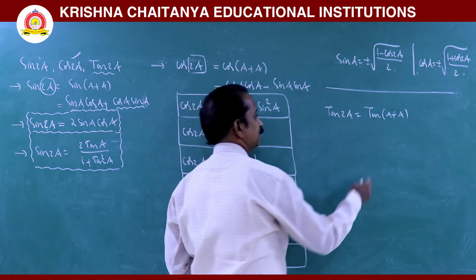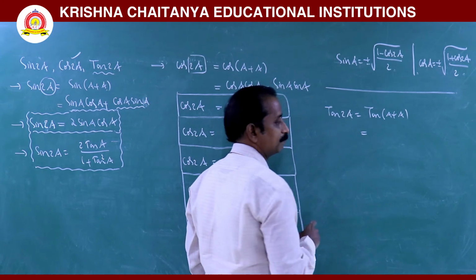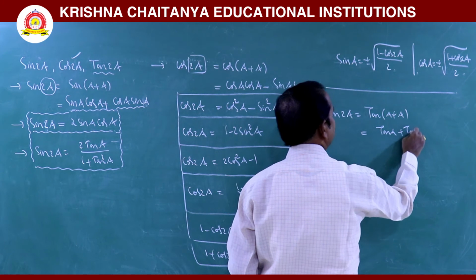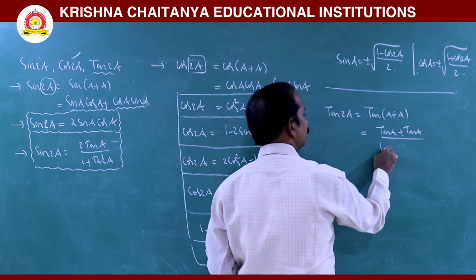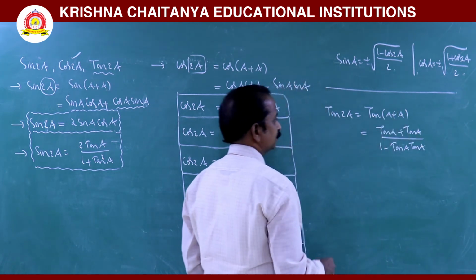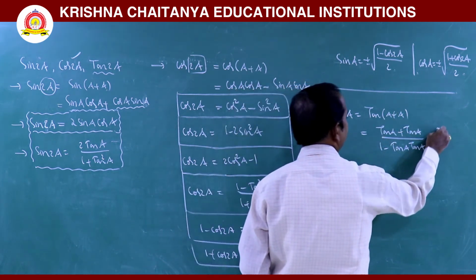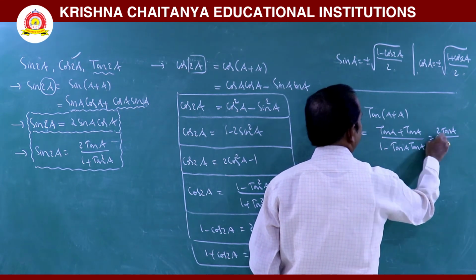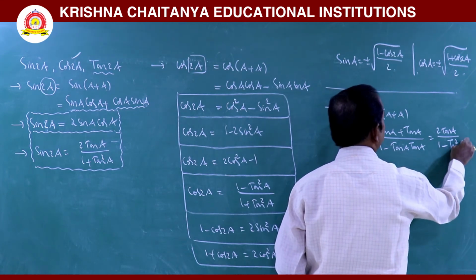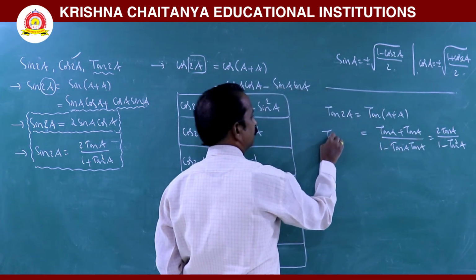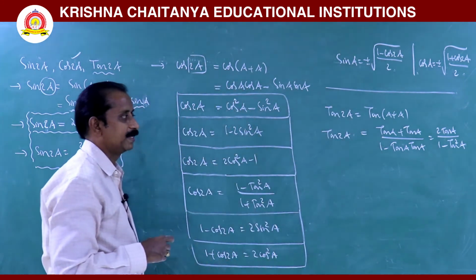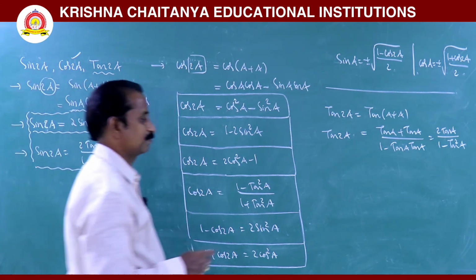Tan A plus B is nothing but tan A plus tan B by 1 minus tan A tan B. So, tan A plus tan A divided by 1 minus tan A into again tan A. So, tan A plus tan A is 2 tan A. So, 2 tan A divided by 1 minus tan A into tan A, tan square A. So, this is the basic of tan 2A. So, tan 2A is equal to 2 tan A divided by 1 minus tan square A.